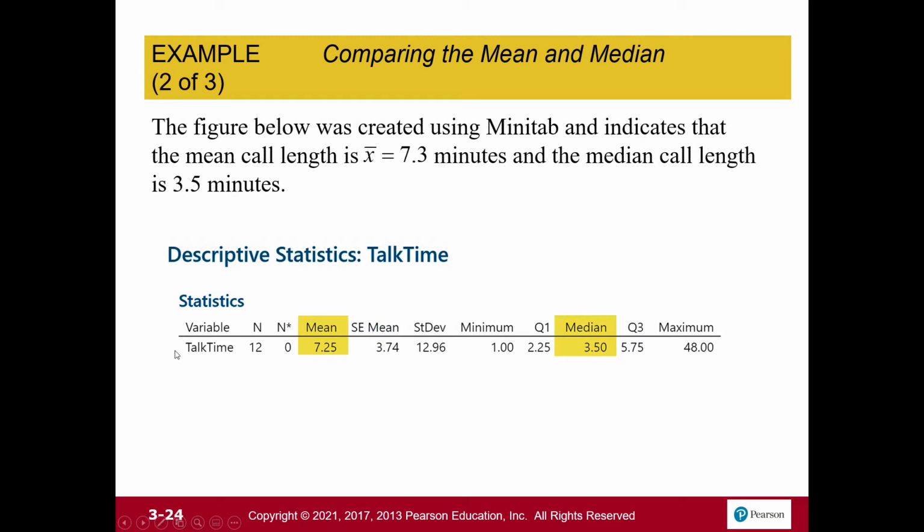Now, if we calculate the median and the mean, we have 7.25 or 7.3 for the mean, and the median is 3.5. Which one do you think would be better to describe the middle?